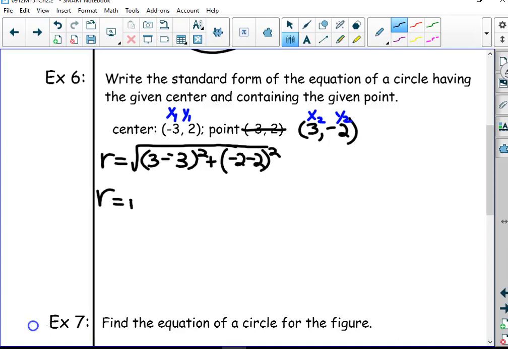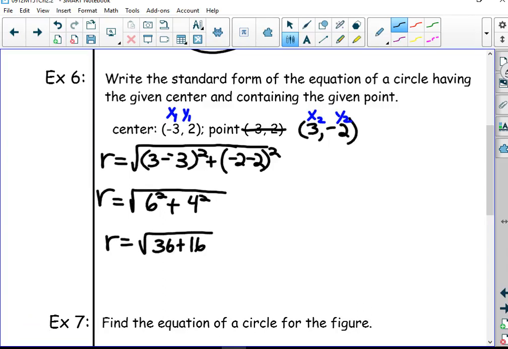So our radius looks like we get 3 + 3 or 6 squared and 4 squared. 36 + 16, so it looks like our radius is the square root of 52.